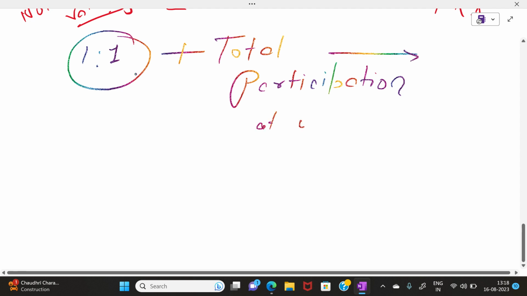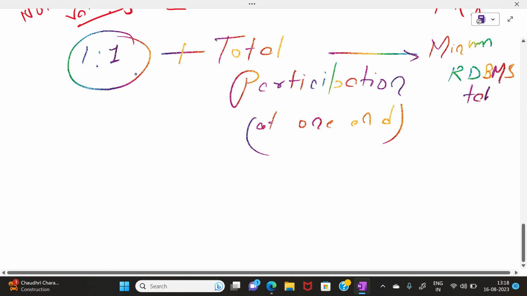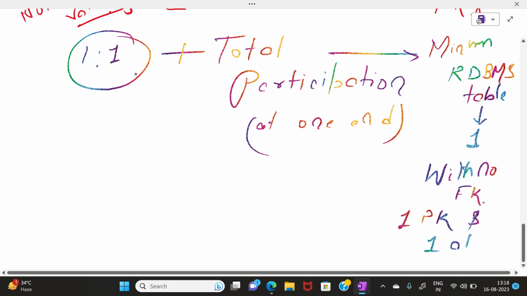If it is at one end, what will be the outcome? There will be minimum RDBMS table count equal to 1 with no foreign key, one primary key, and one alternate key.